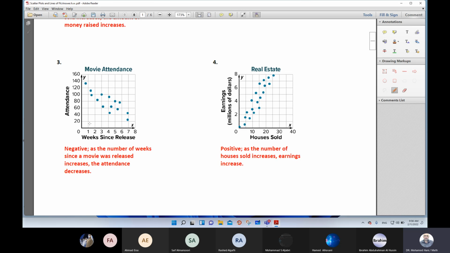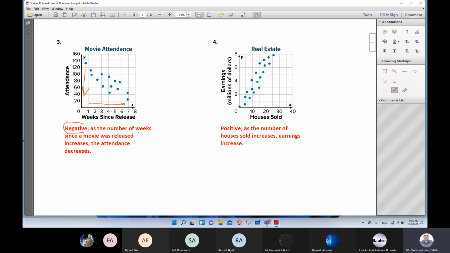As you see here, we have increasing in the x, but we have decreasing in the y. So we have negative correlation. So as the number of weeks since a movie was released increases, the attendance decreases.